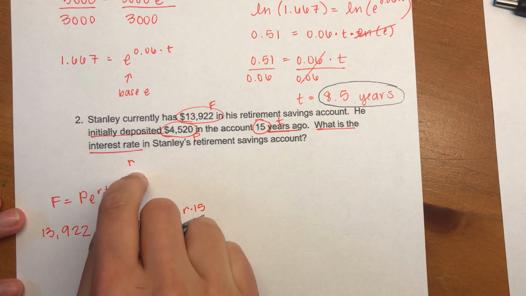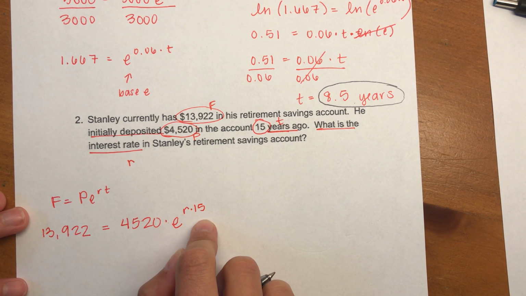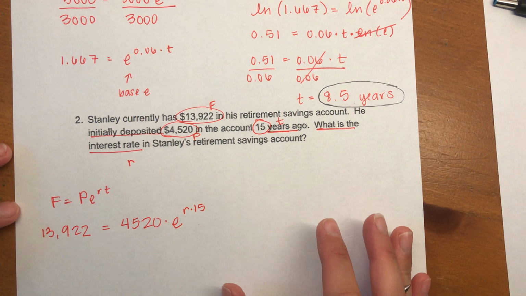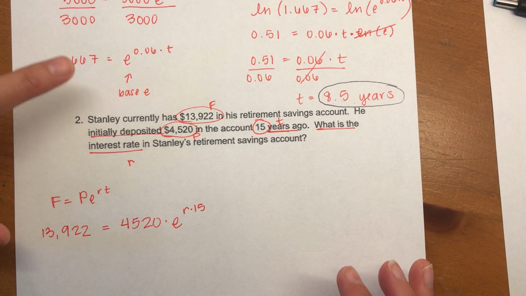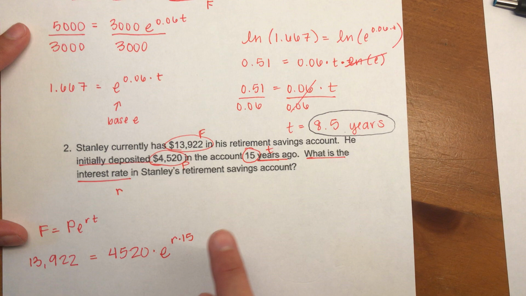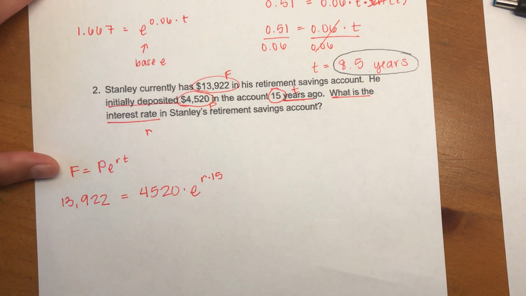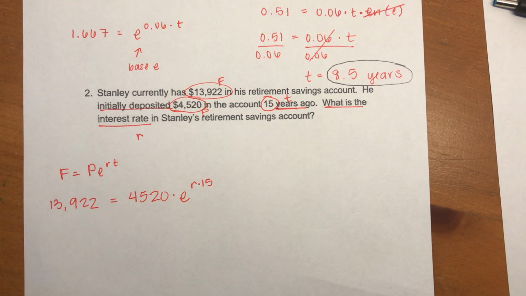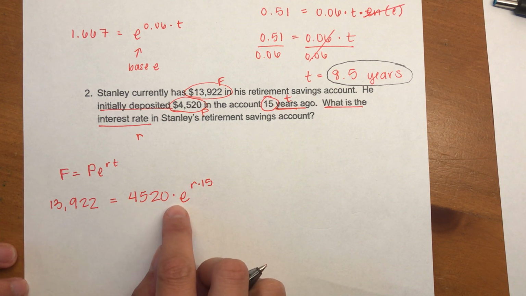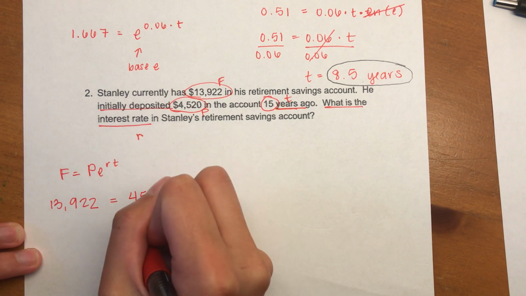So we don't know R, so I'm keeping R as R, and T is 15 years. Okay. So now we're going to be solving this just like how we solved our initial problem, except now we're solving for R instead of T. So what I want to do first is isolate my exponential. So I want to divide both sides by 4,520.